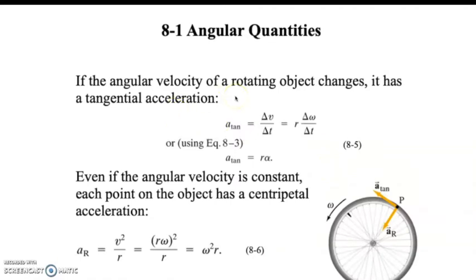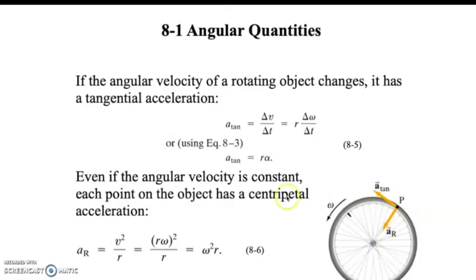If the angular velocity changes, it has a tangential acceleration. So if you take the radius times the angular acceleration, you can find the tangential acceleration.